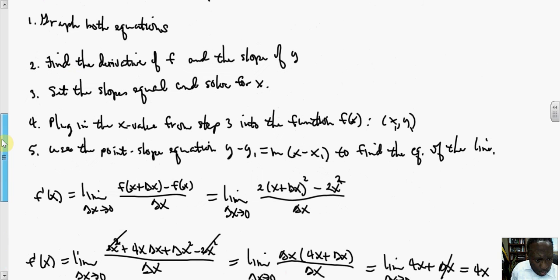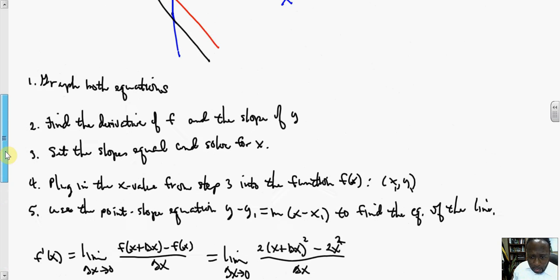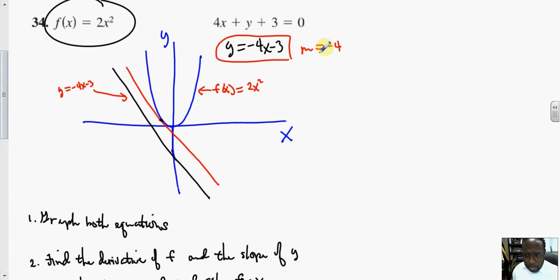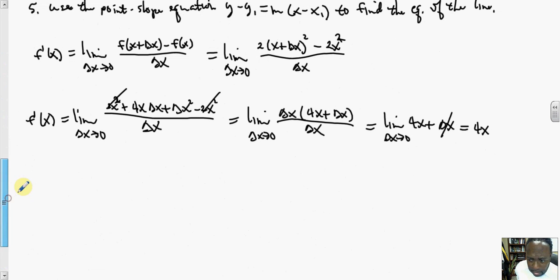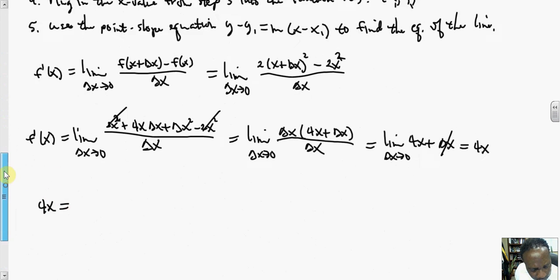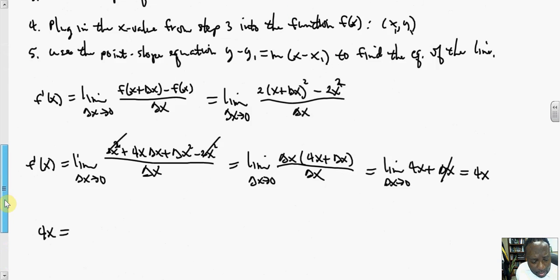So that's step number 2. Find the derivative of f, and you find the slope of y. Well, the slope of y is equal to -4. Step number 3, set the slopes equal and solve for x. So we have 4x is equal to -4, the slope from the line.